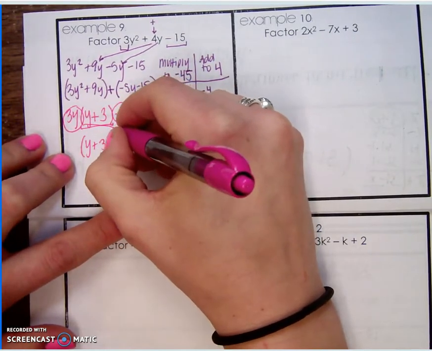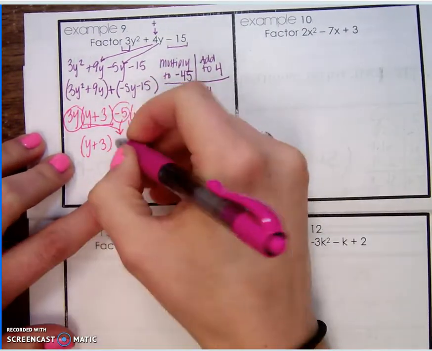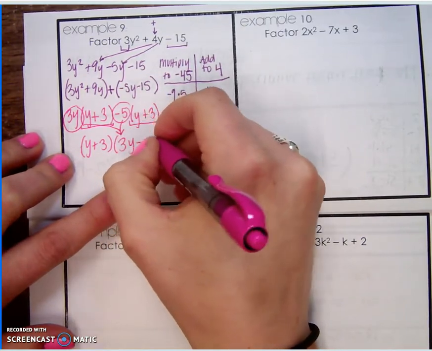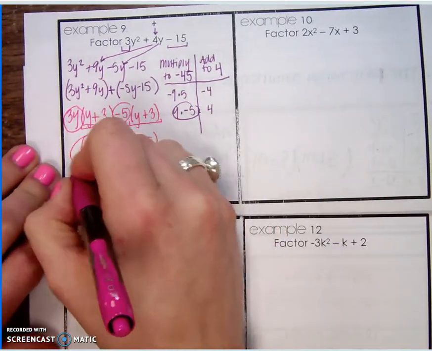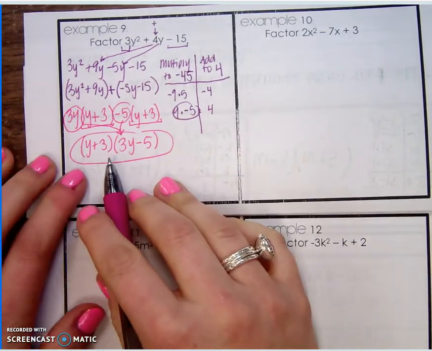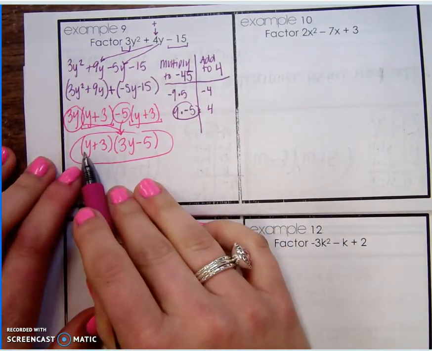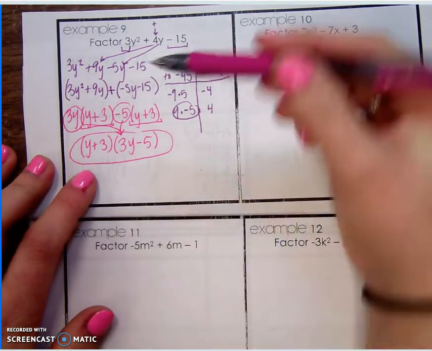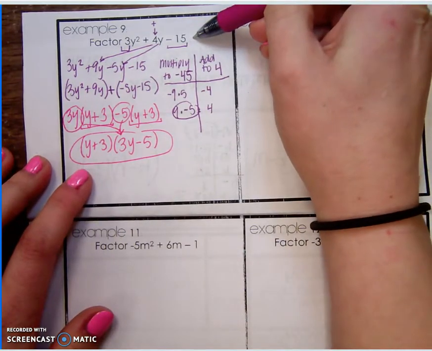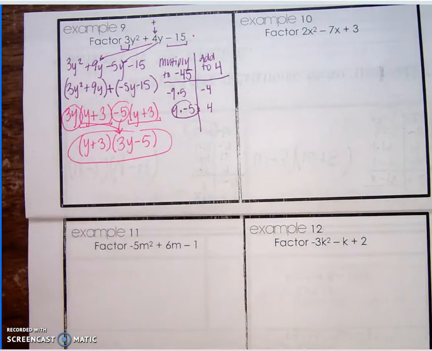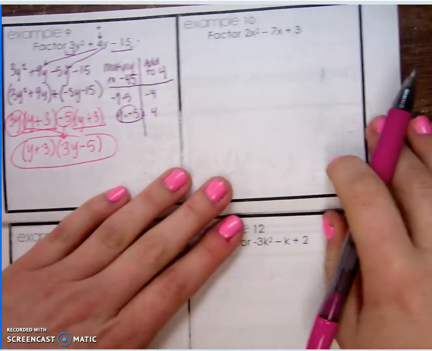They make up that next one, 3y minus 5. Okay, and that's our final answer. When we multiply these out using FOIL, this is going to be what we get as our factors.